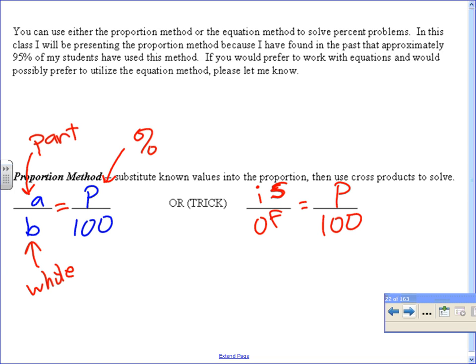Yeah, proportion's already an equation, so you can just use cross products, and that gets you right to the percent equation. The reason is I can teach you this whole chapter using the proportion method. It makes more sense to you guys than using the percent equation for everything. So just keep in mind, if you ever hear percent equation, it's the same thing.